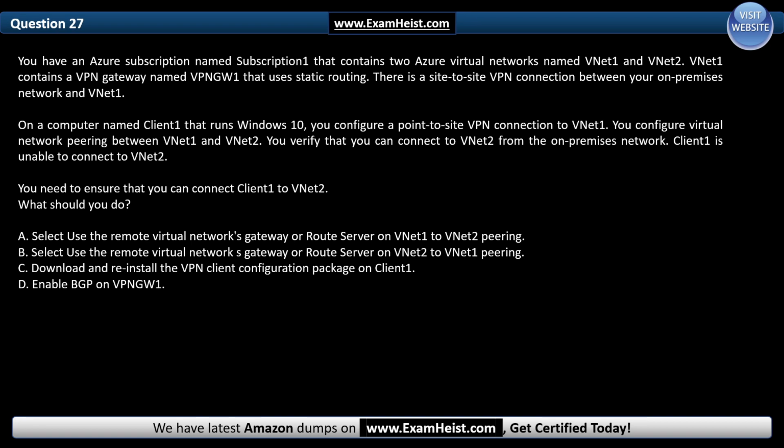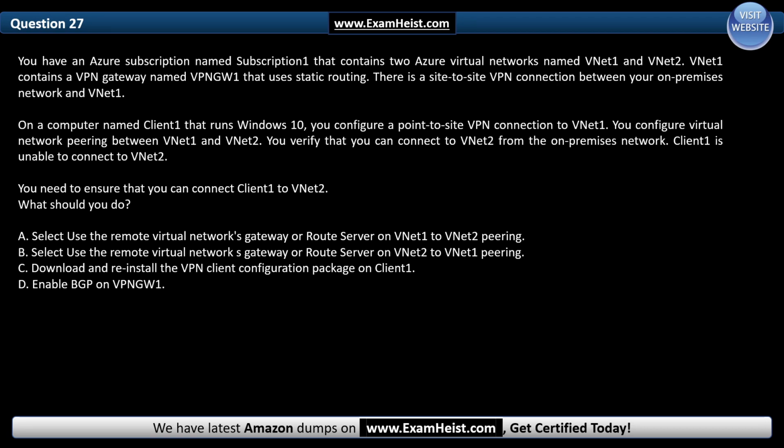Question 27. You have an Azure subscription named Subscription 1 that contains two Azure virtual networks named VNet1 and VNet2. VNet1 contains a VPN gateway named VPN Gateway 1 that uses static routing. There is a site-to-site VPN connection between your on-premises network and VNet1.